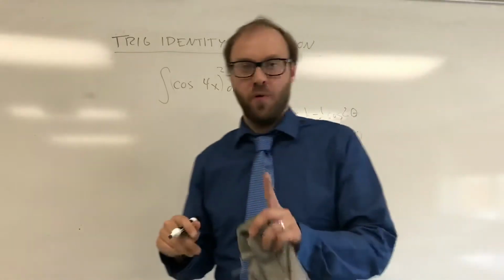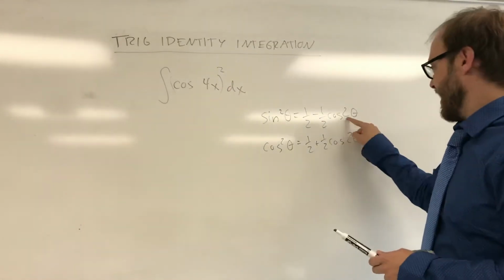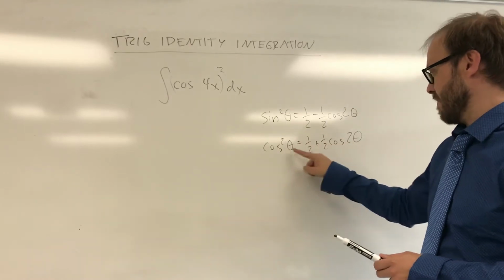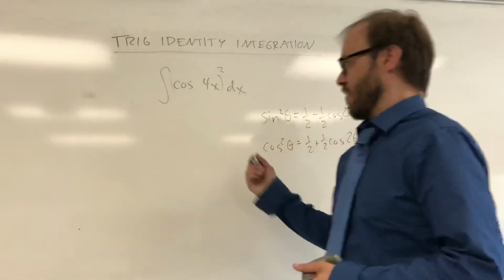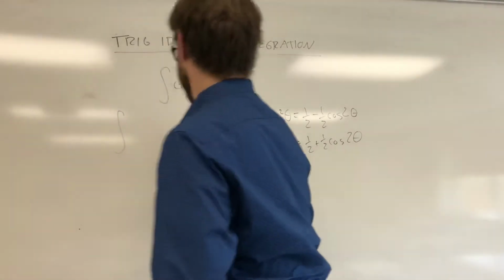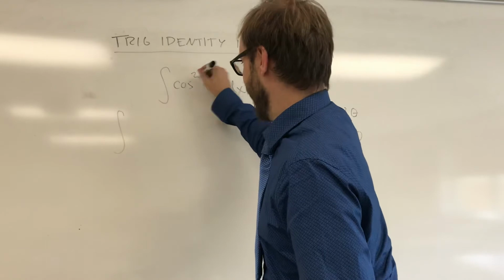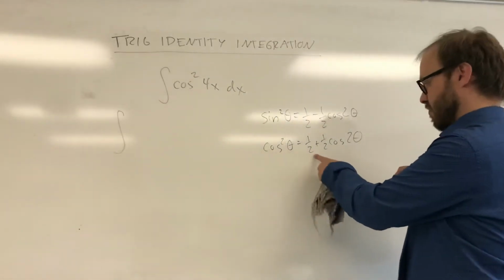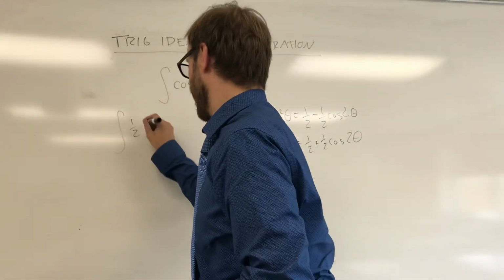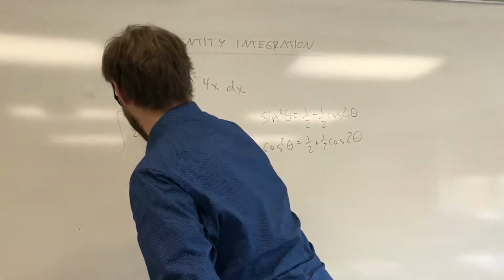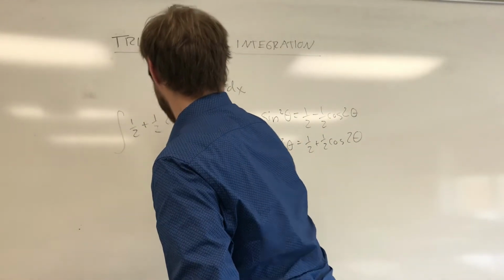But notice something really important. This angle here is double whatever that angle is. This angle here is double whatever that angle is. So in this particular case, you go, oh, it's a cosine squared. I can't take the integral of that, okay? Well, cosine squared is equal to 1/2 plus 1/2, still going to be cosine, but it's going to be cosine of twice the angle.